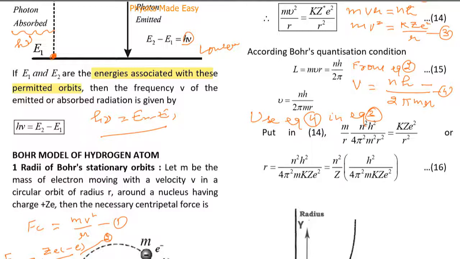Now what do I have? I was having mv square, m multiplied by v square. V square means n h divided by 2 pi m r, this squared. This was equal to K Z e square by r. Now here we are having r square, here we are having r.